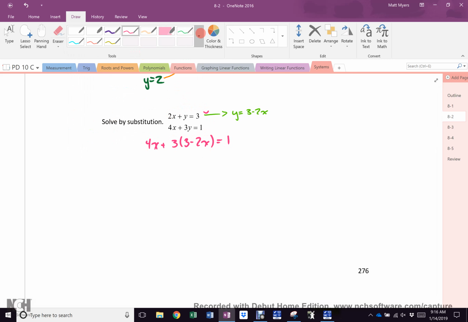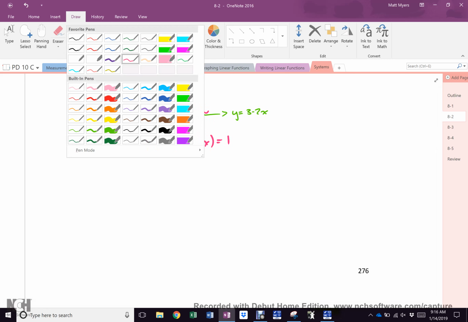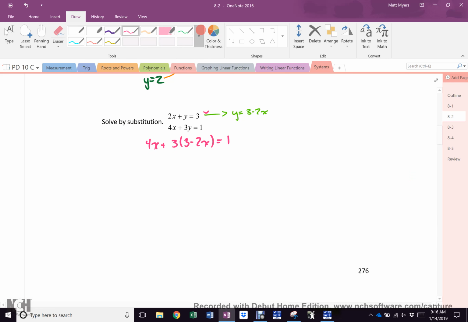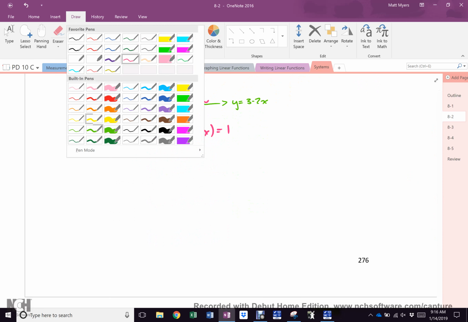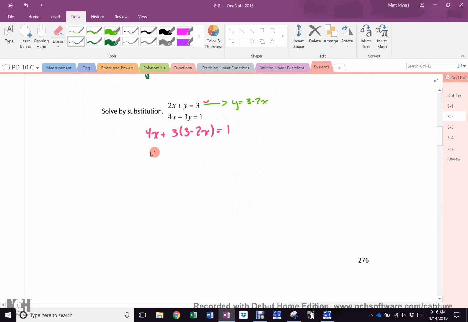And then I believe I solved in dark green. 4x plus 9 minus 6x equals 1. 9 minus 2x equals 1. Negative 2x equals negative 8. X equals 4.